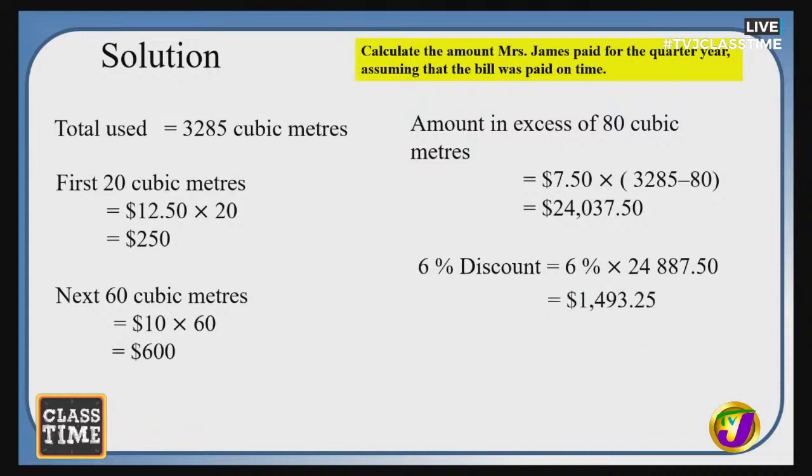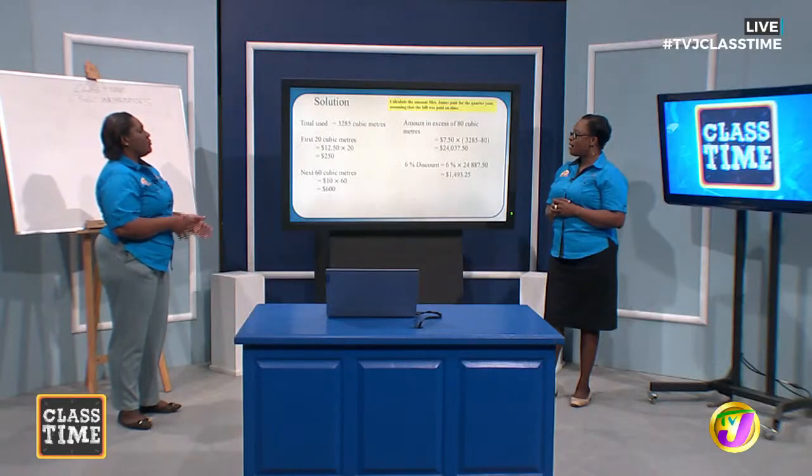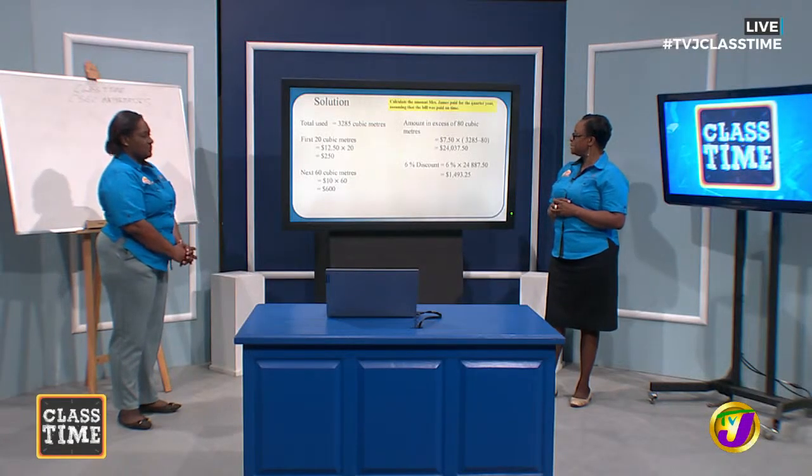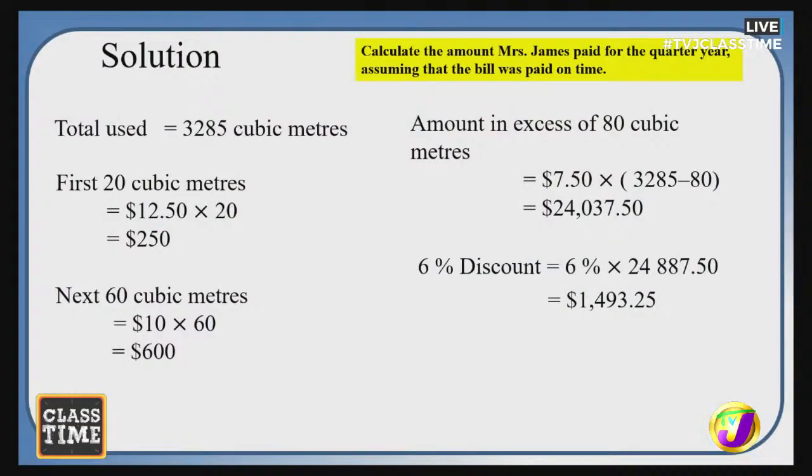No, we would have been exposed to discount already. Yes, discount is a basic calculation. So the 6% discount will amount to $1,493.25. Right? Now, what do you do with the discount? Well, if it's my discount, it means that's less. Isn't that so? Yes.